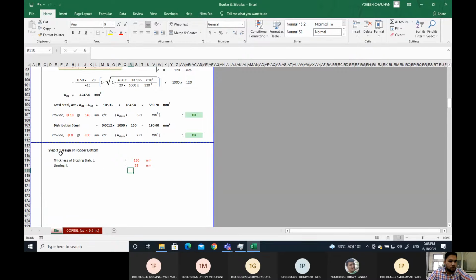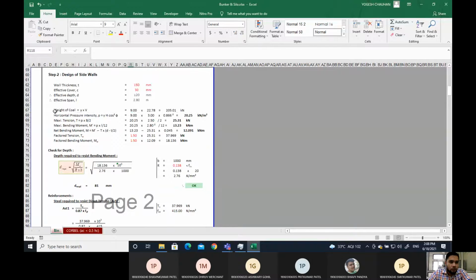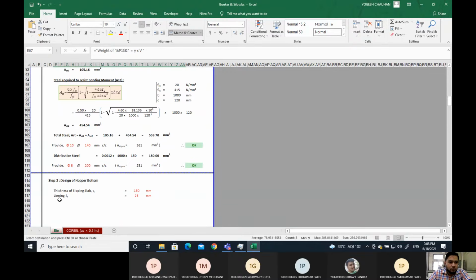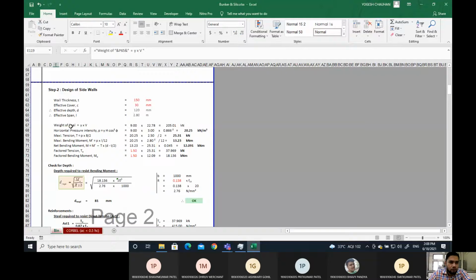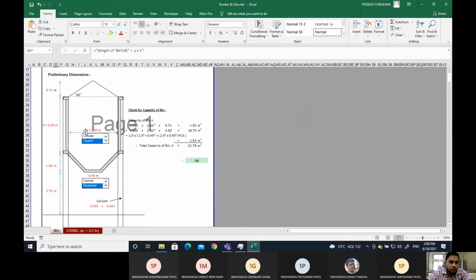Now the weight of the coal you have from earlier calculation, so you can just copy it here. Here I have used the concatenate command because your material may change as per the input.